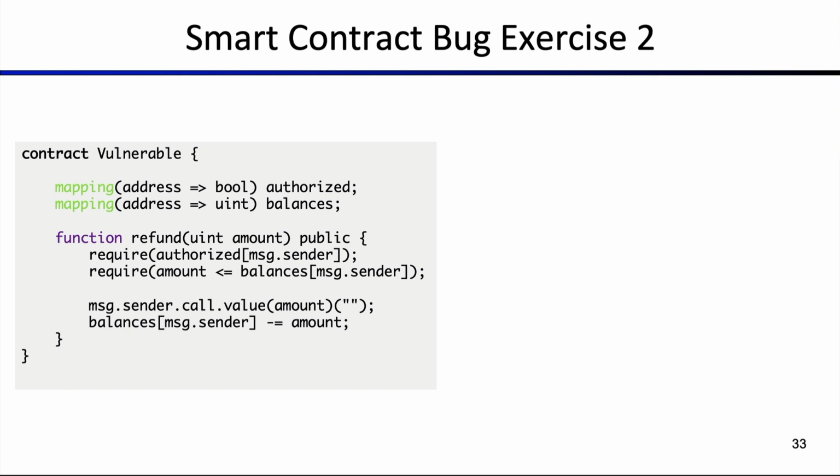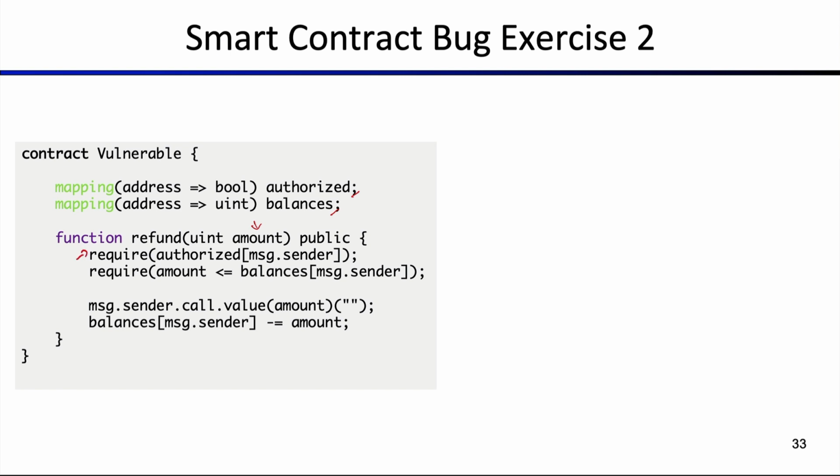Here we have a contract called Vulnerable. We have two state variables, authorized and balance, which are mappings from an address to a boolean, and from an address to an unsigned integer. We have a function called refund, and we can specify an amount, an unsigned integer. There are a few security checks.